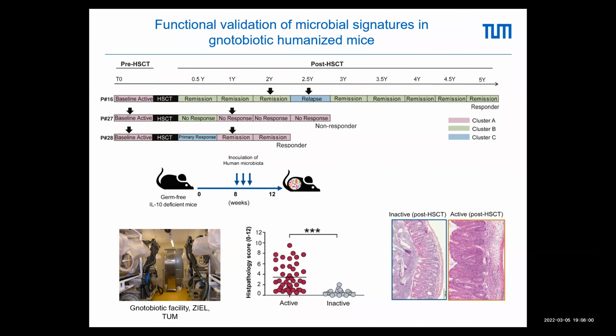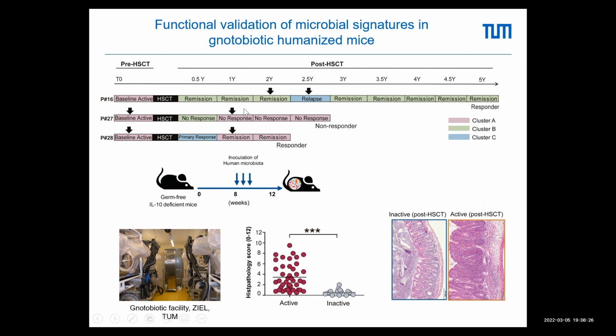Under germ-free conditions, these mice are completely disease-free. However, under specific pathogen-free conditions, or when they have complex microbial communities, they develop inflammation in the colon spontaneously. And so what we did here is that we selected 3 patients from our cohort.